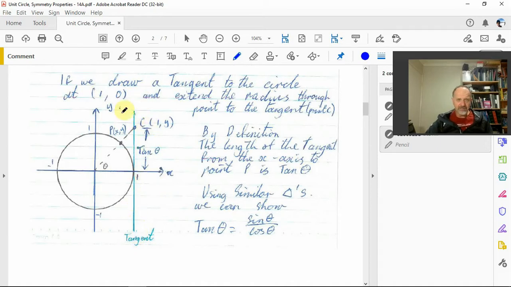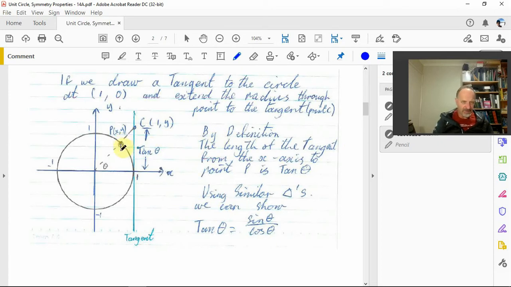By definition, if we extend our point P up to reach that tangent, the length from the x-axis up to here is what's called the tan. So it's the tangent.